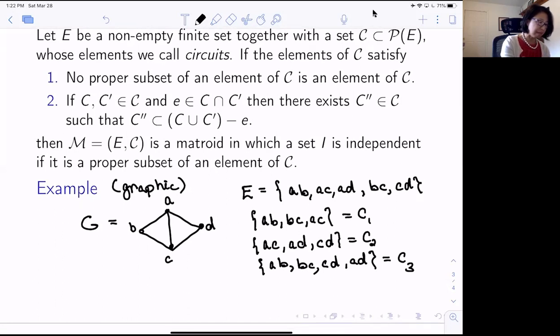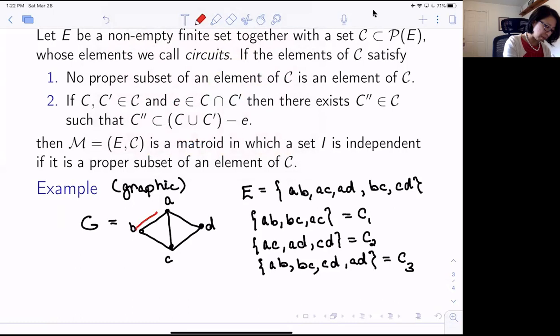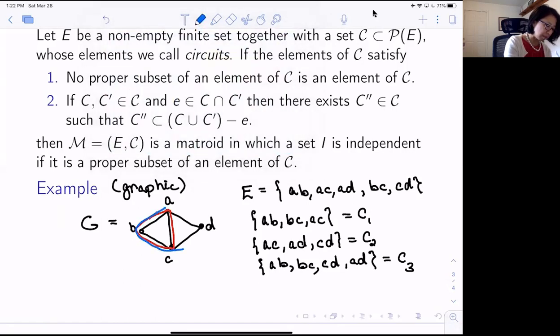For example, if I look at C1 and C3, they share an edge, the edge BC. And if I take the edge BC out, what am I left with in the union?